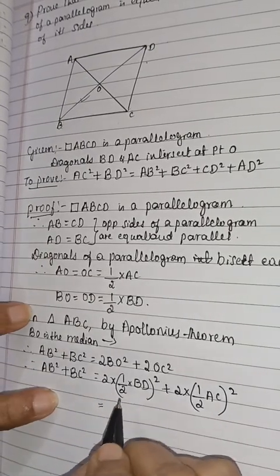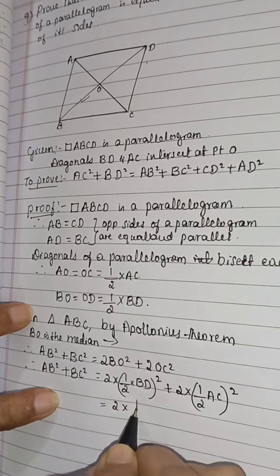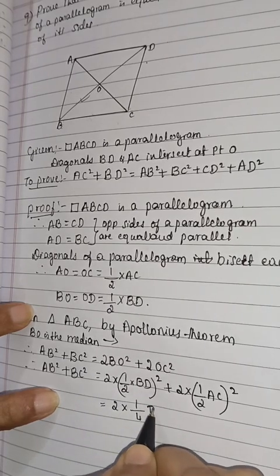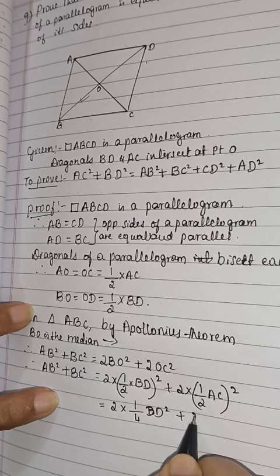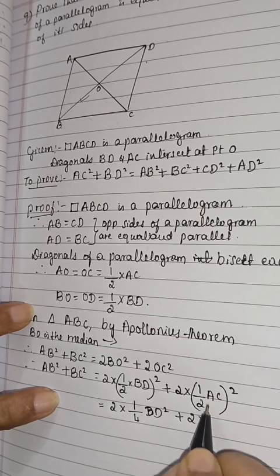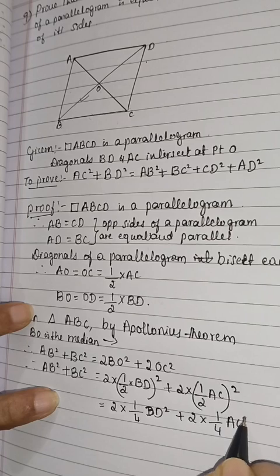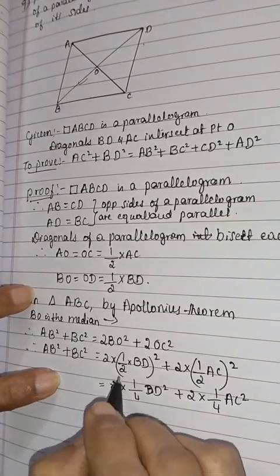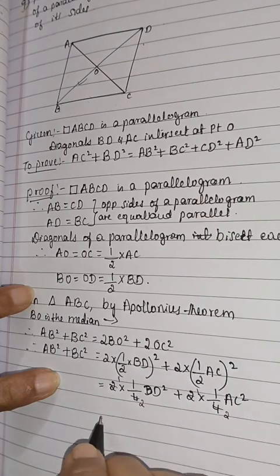Therefore, 2 into 1 by 4 BD square, since half BD squared means 1 by 4 BD square, plus 2 into 1 by 4 AC square. 2 ones are 2, 2 twos are 4.